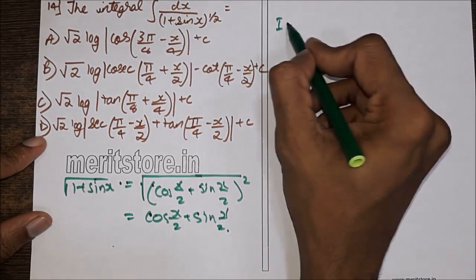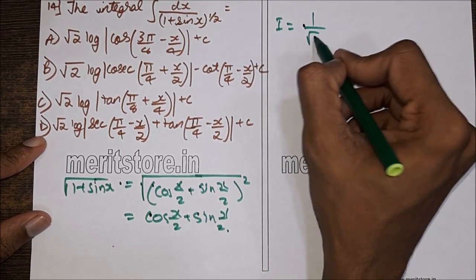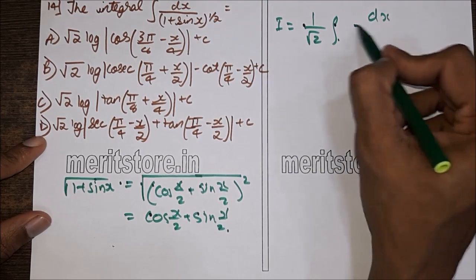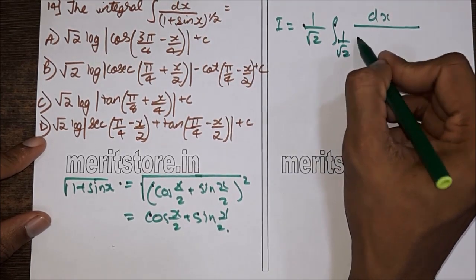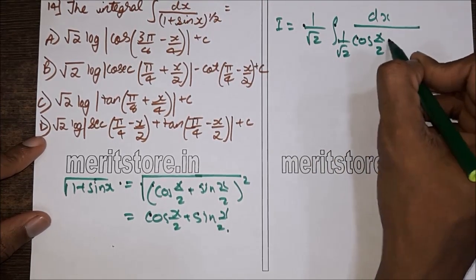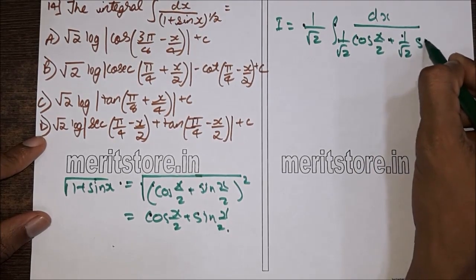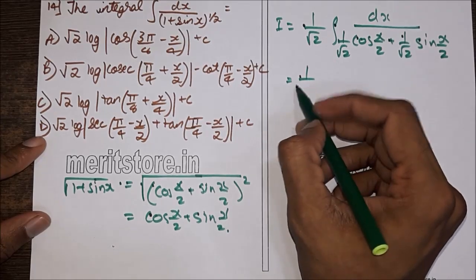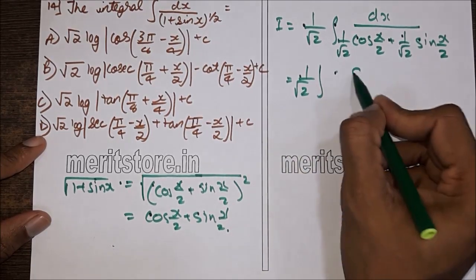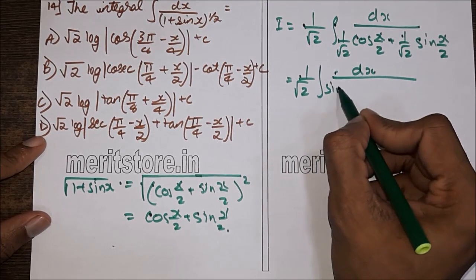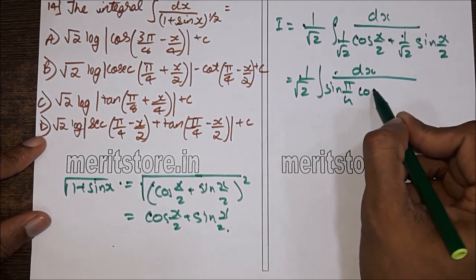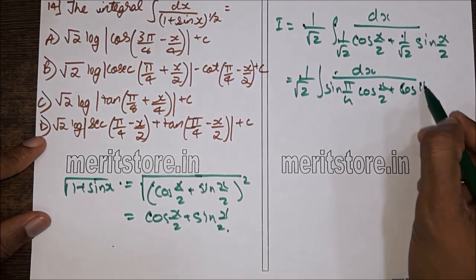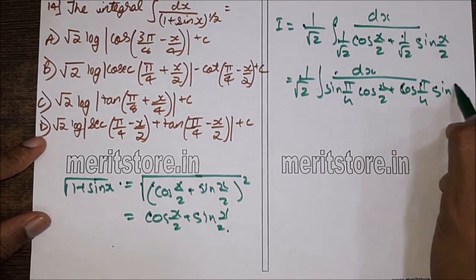Therefore we can write I equal to 1 by root 2 integral dx upon 1 by root 2 cos x by 2 plus 1 by root 2 sin x by 2. For integrating, further we can write this as 1 by root 2 dx upon sin pi by 4 cos x by 2 plus cos pi by 4 sin x by 2.